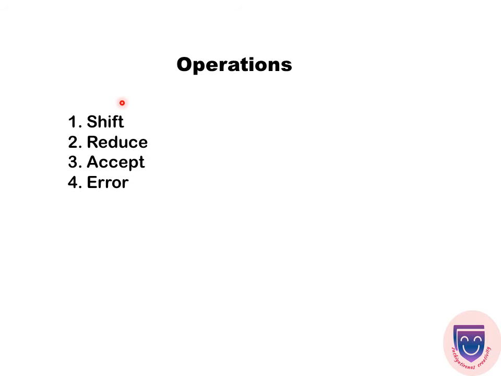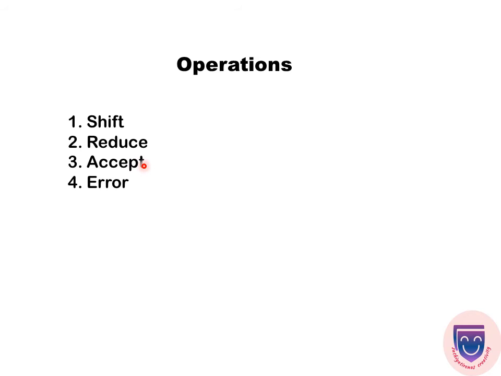Shift means moving of symbols from the input buffer to the stack. Reduce means if the handle appears on the top of the stack, then it is reduction by using the appropriate production. That is, the right hand side of the production rule is popped out of the stack, and the left hand side of the production is pushed onto the stack.